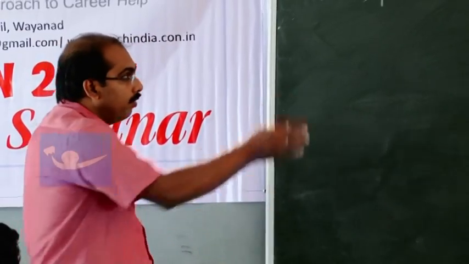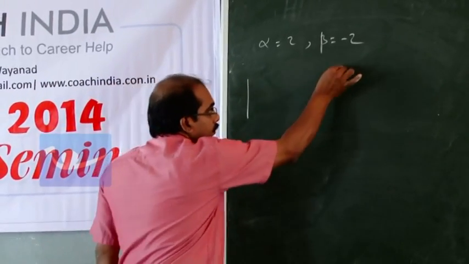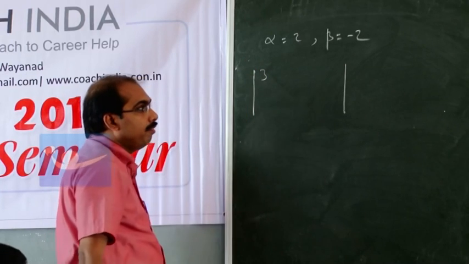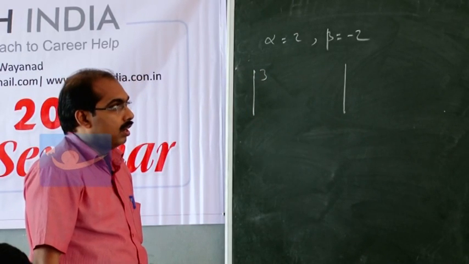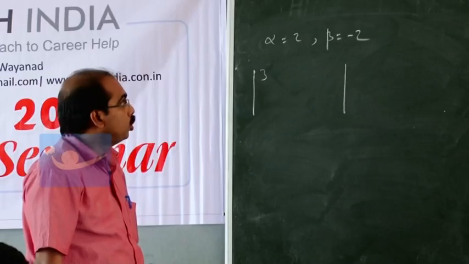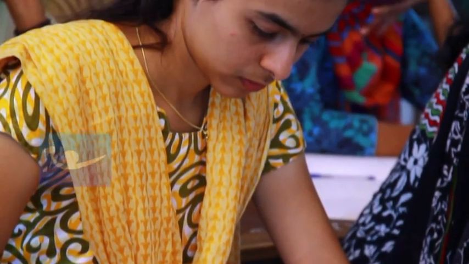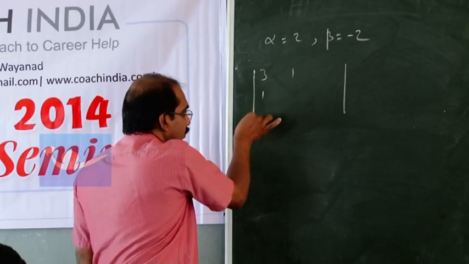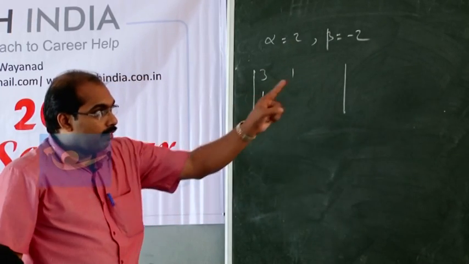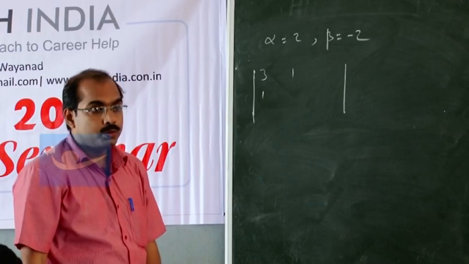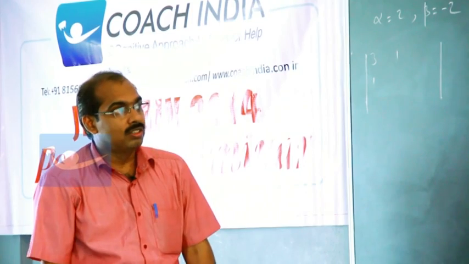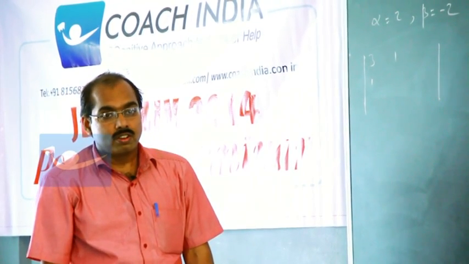Now, if you do so, the given determinant will become, with alpha 2 and beta minus 2: this is going to be 1, this is also going to be 1, right? And what will happen to 1 plus f of 2? Alpha raised to n means 2 raised to n, beta raised to n means minus 2 raised to n, plus 1.